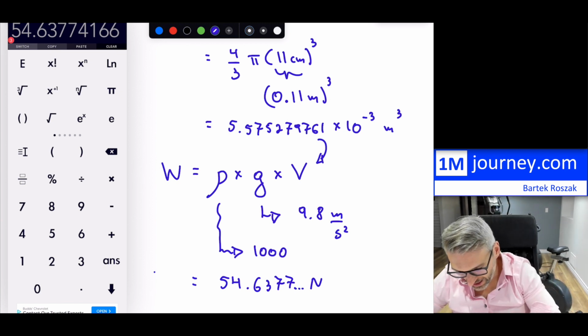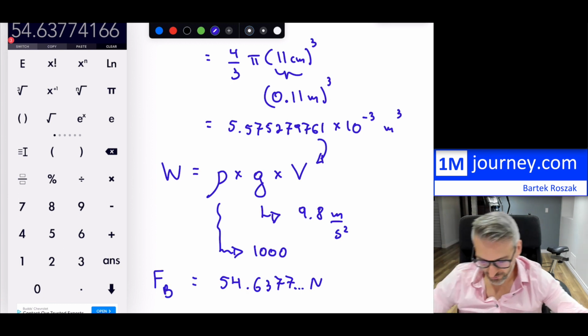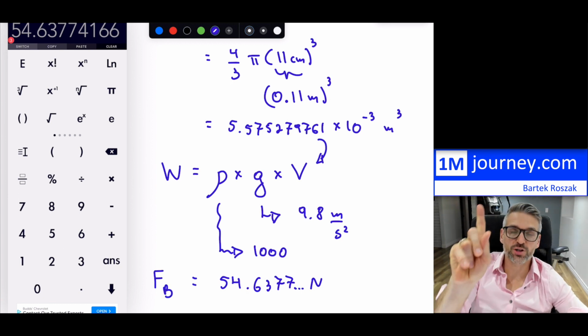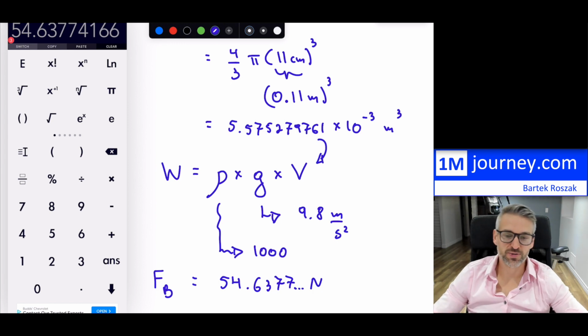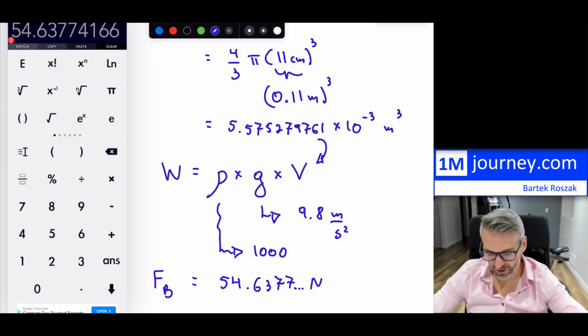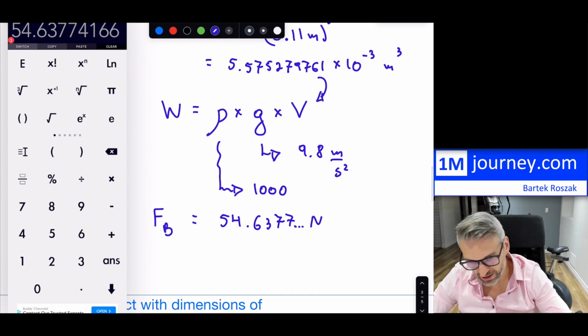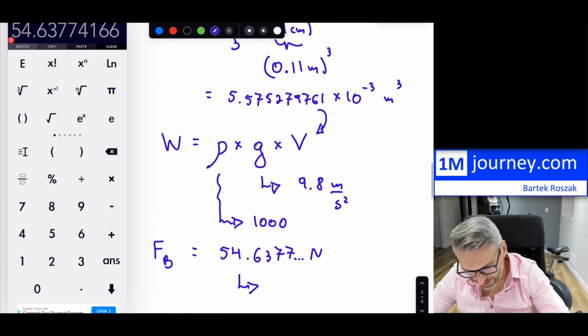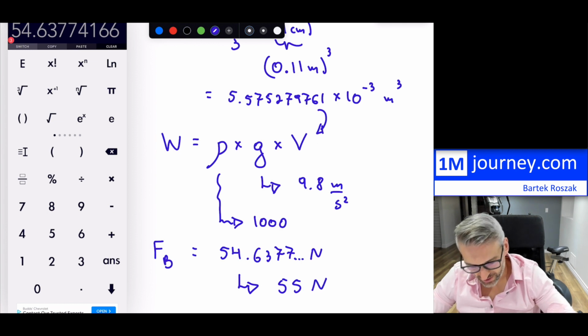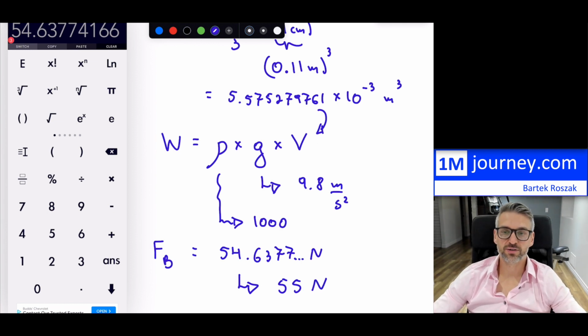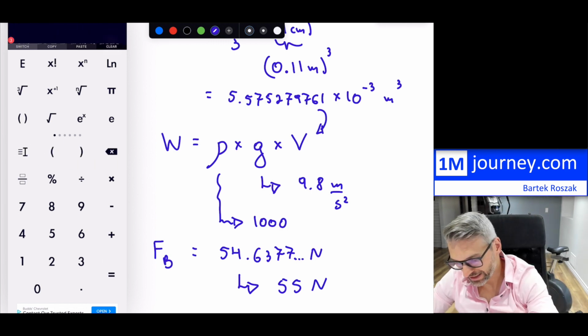This is the same thing as saying this is the buoyant force that would be trying to push this ball upwards. If you want to round it, you certainly can, to whatever you like. So let's round it to 2 decimal places. This would have been our answer for this particular example.